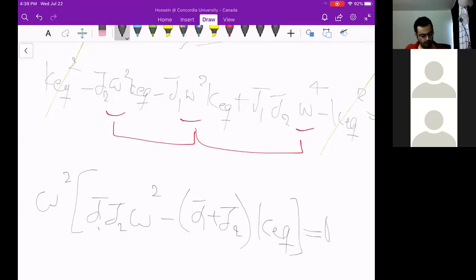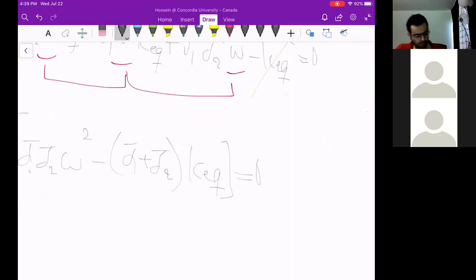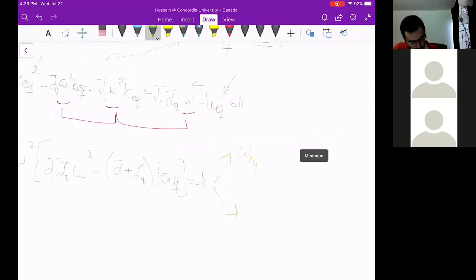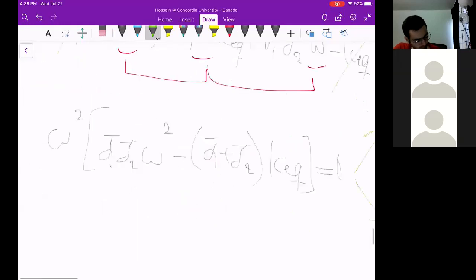So easily, for this type of system, one of the natural frequencies is going to be 0. So omega n1 is going to be 0, because this term can also be 0.